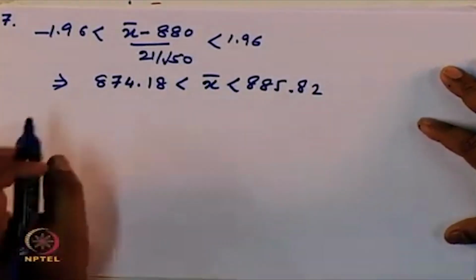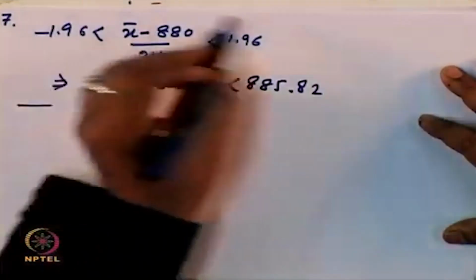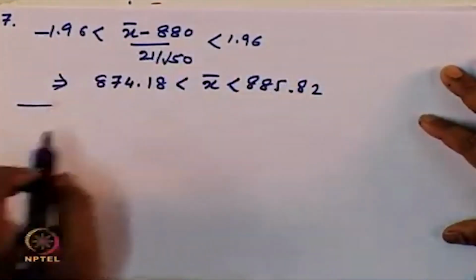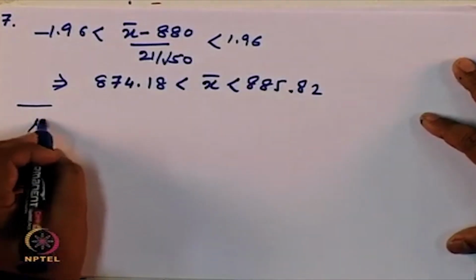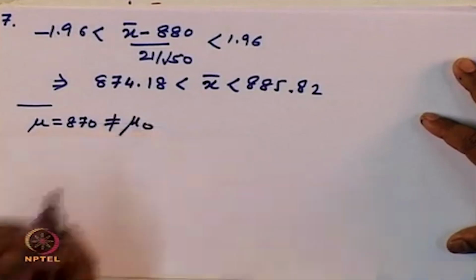But this is if H naught was true. What I know is my mu is equal to 870, which is not equal to mu naught.